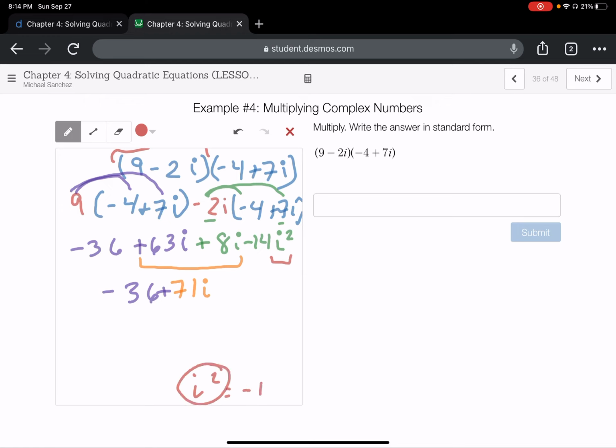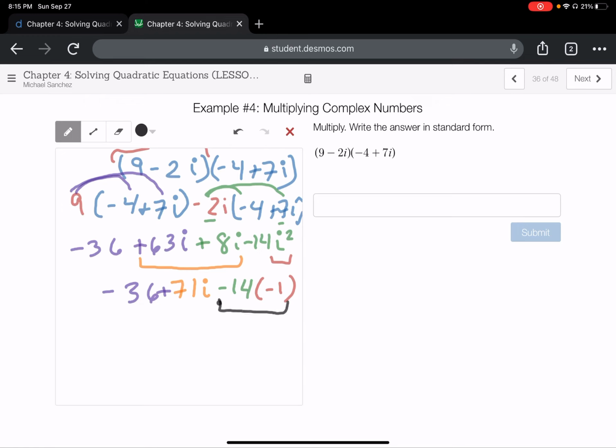So I'm going to replace this i squared with a negative 1. I'm going to bring down my minus 14, and then instead of the i squared, I'm going to put negative 1.